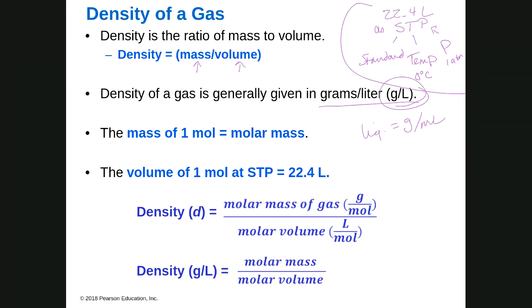So the mass of 1 mole of gas is the molar mass, and the volume of 1 mole at STP, 0 degrees C, 1 atmosphere of pressure, is 22.4 liters. And so if you have the molar mass divided by the molar volume, that's going to be the molar density of the gas that you would typically see. So molar mass over molar volume is going to give you the density in grams per liter.